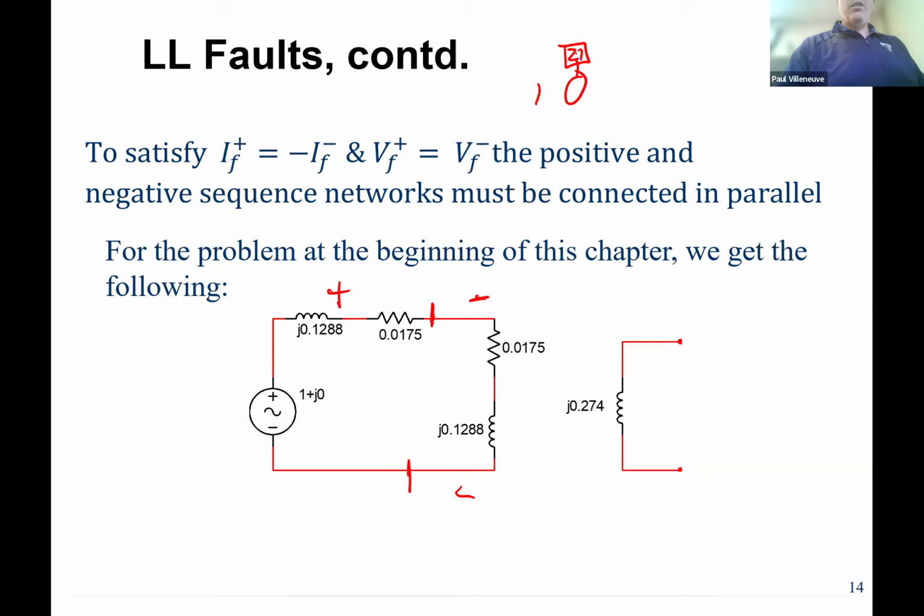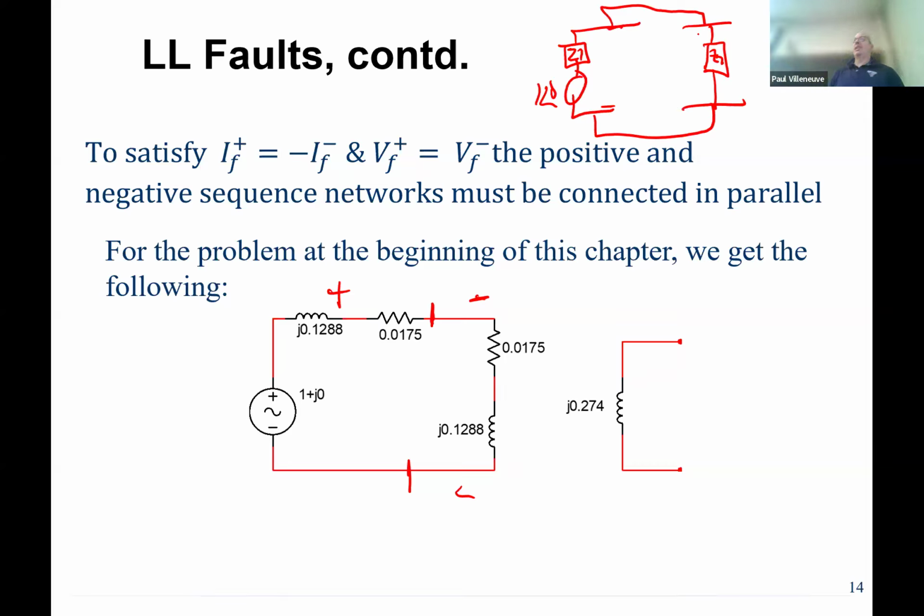If you can't see it here, let's just do it this way. I'll call that Z1, 1 at an angle of 0. Here's my positive sequence diagram. My negative sequence diagram is Z2. Now I'm going to couple them by doing this. Didn't I just put them in parallel? Right?